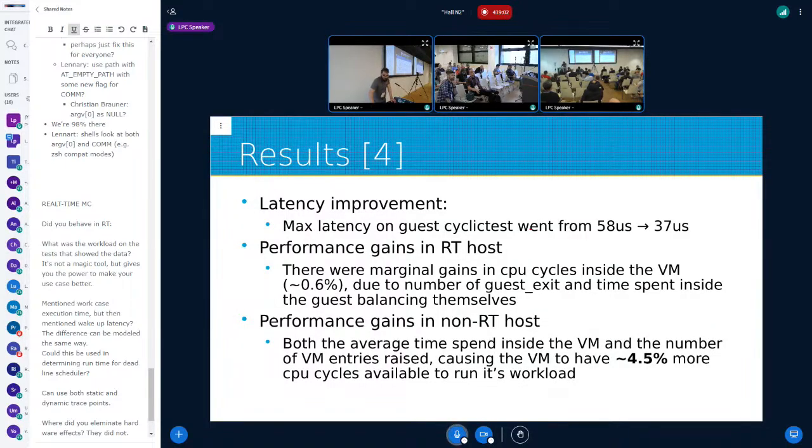With those, we perceived a drastic reduction in the max latency on guest cyclictest.